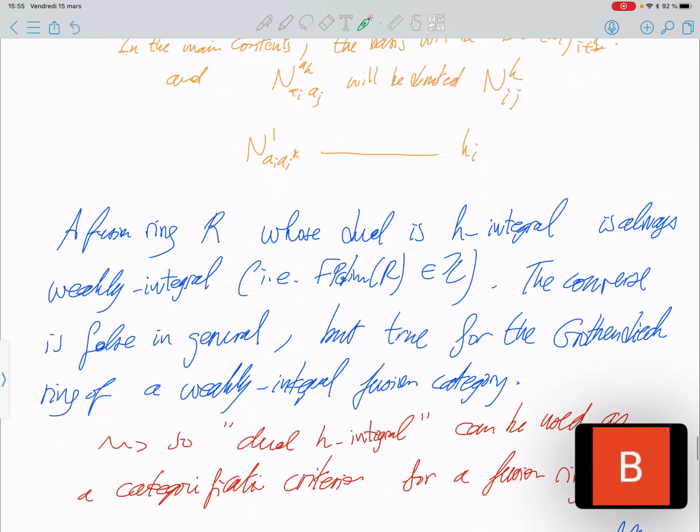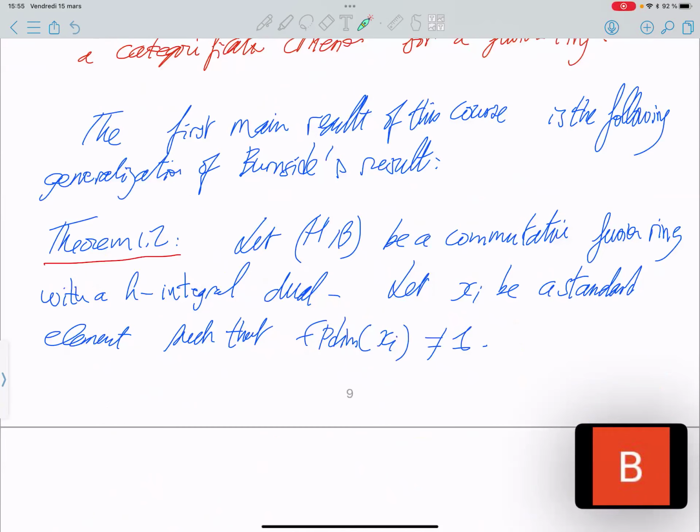So this makes sense to restrict to the Frobenius-Perron dimension here, even if it is for fusion ring, because for fusion ring we don't have another generic dimension, but because it's weakly integral, the dimension we want to consider is the Frobenius-Perron dimension.